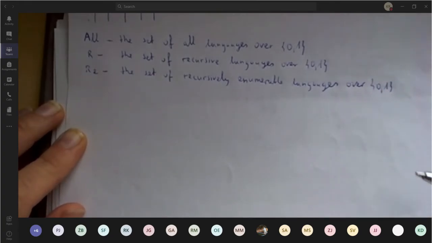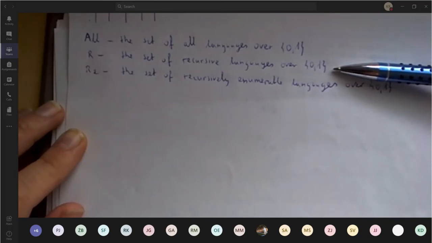Okay, and we know that every language from RE is recognized by some Turing machine, and we know that every language from R is recognized by some Turing machine with stop property.